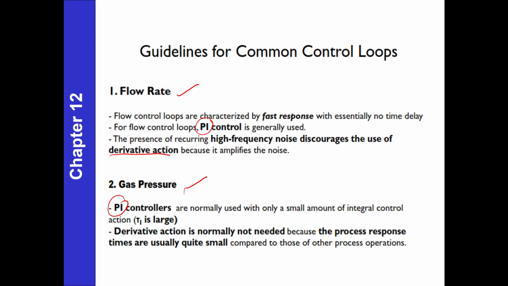This derivative mode will give you noise in the system. Basically when you have a response graph, it should be a smooth graph, but when you have noise, you start to see something like this. You don't want it.